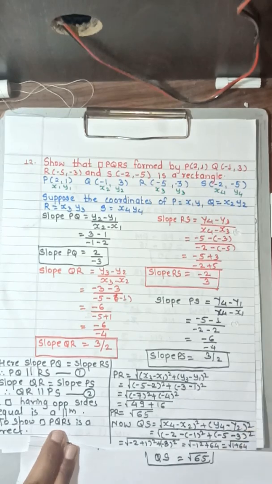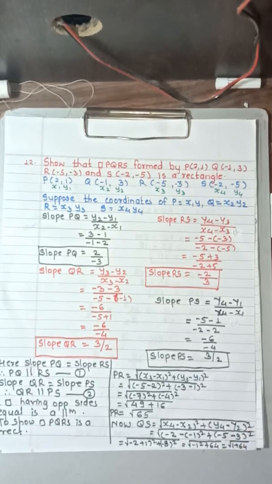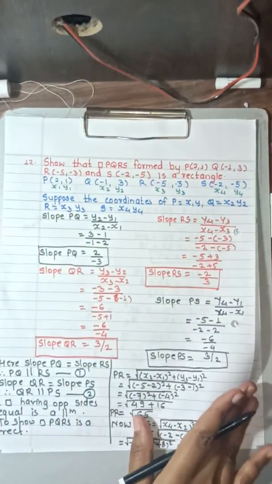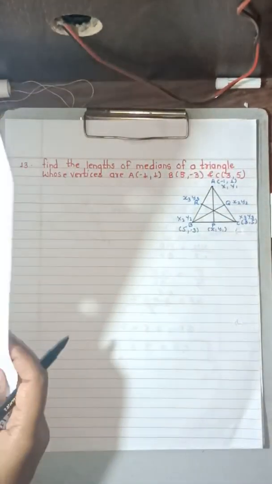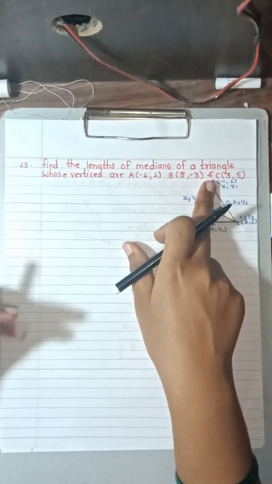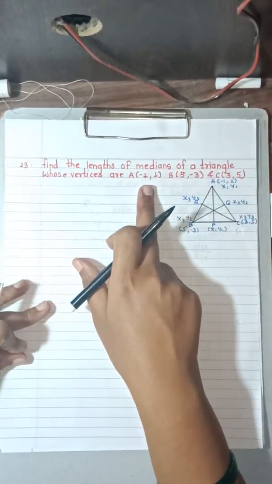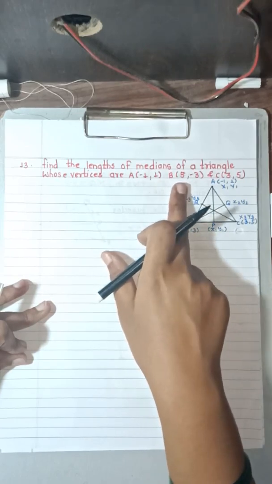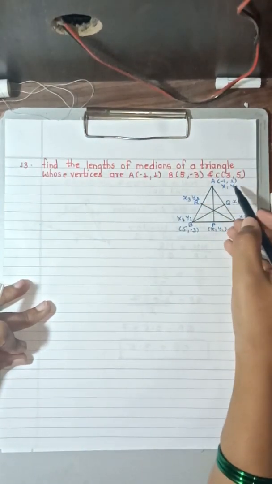Okay, now let us move on towards question number 13. Question number 13 is also easy, children. Here you have to find the lengths of the medians of a triangle whose vertices are A minus 1, 1, B 5 minus 3, C 3, 5.